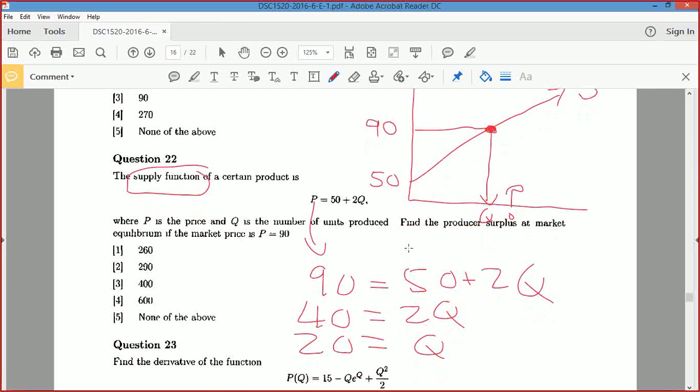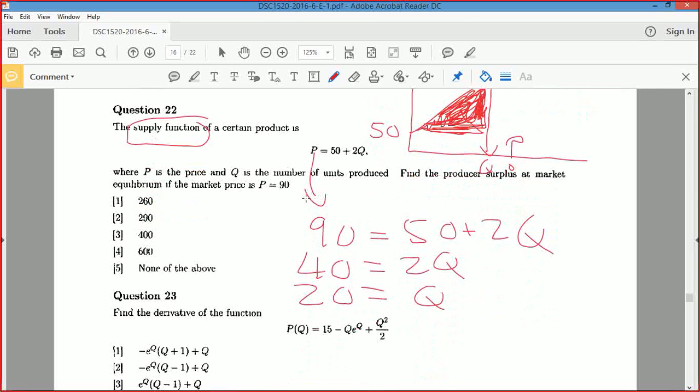Okay, so what's the area under the graph? How do I work out the area under the graph? Half base times height. Yeah, so what's the half base times height going to be? What's the base?